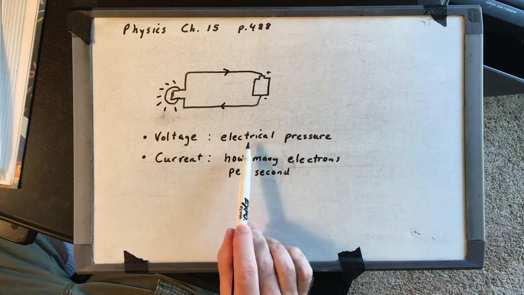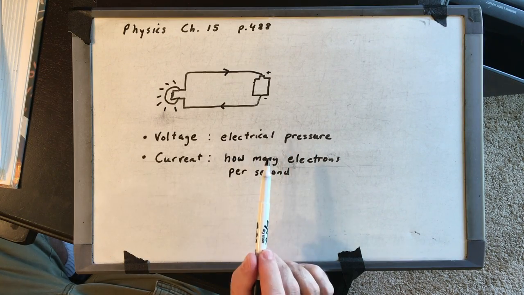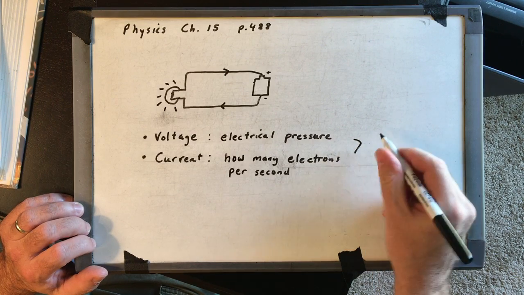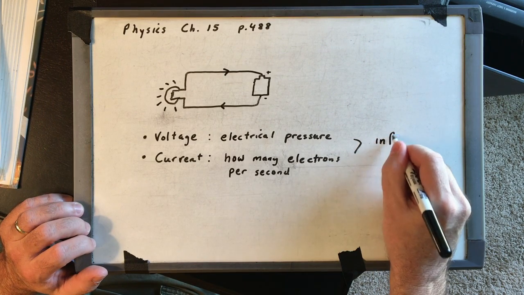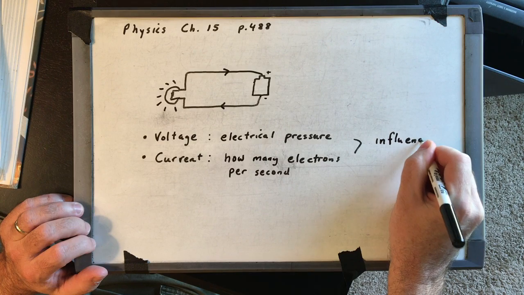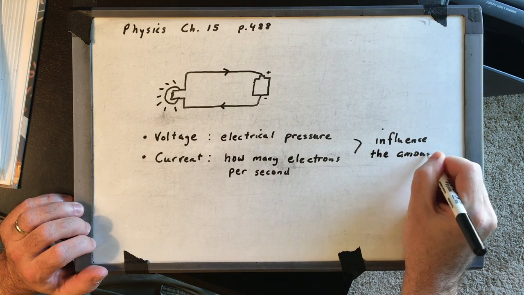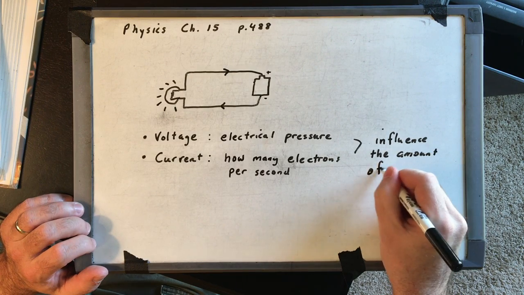And the more pressure behind that water, the more dirt you could get off. So the more work you can do. So both of those things influence the amount of useful work.